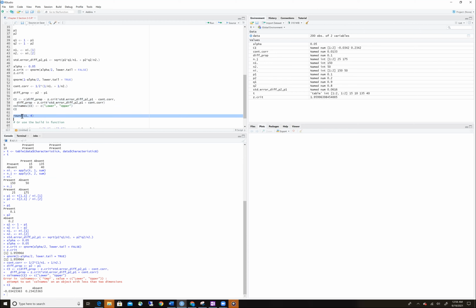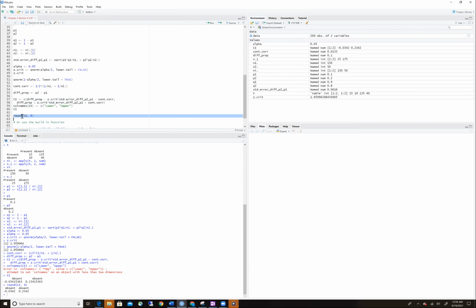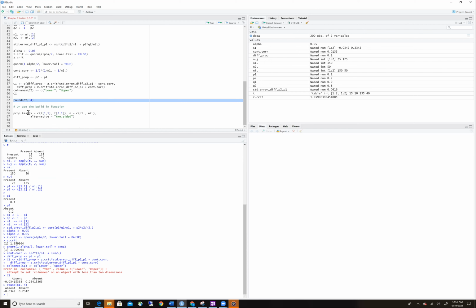If I wanted to, I could round this to 4 decimal places just so that it looks prettier for the output. And really, in all of this, I could just use the built-in function called prop.test, and it will do everything for me that I just hand coded. Prop.test, if I tell it the x values and the n values.